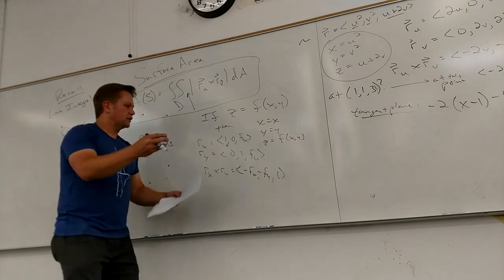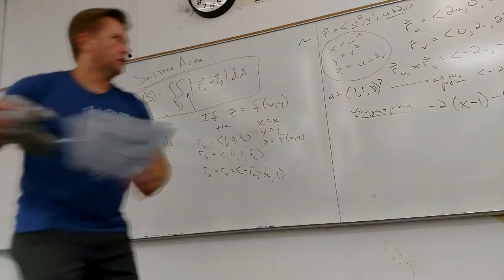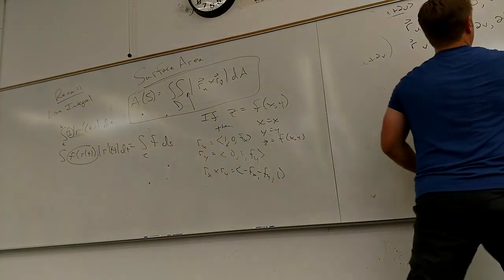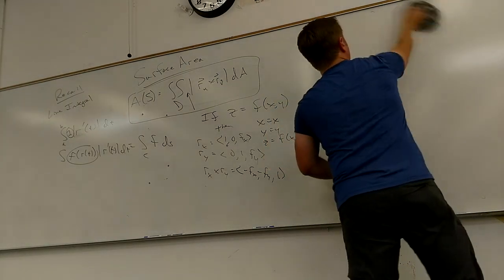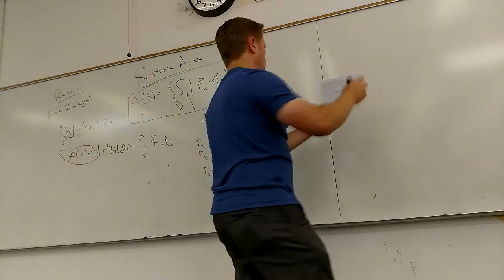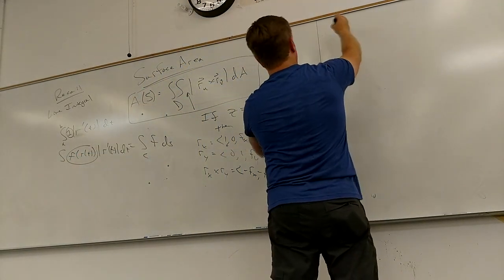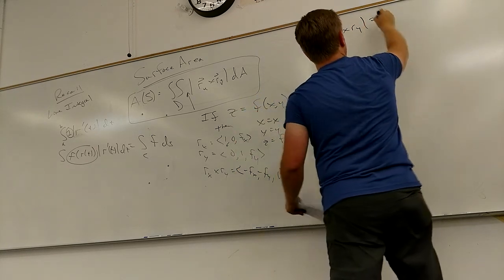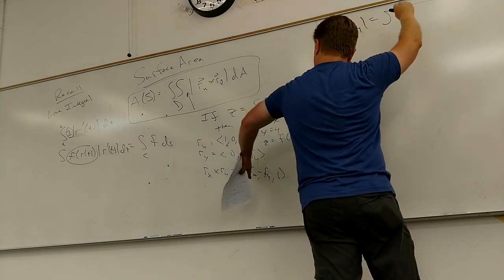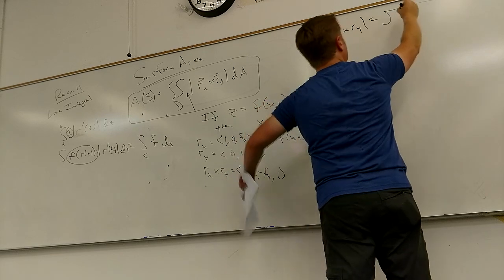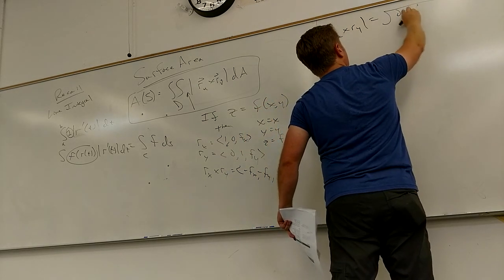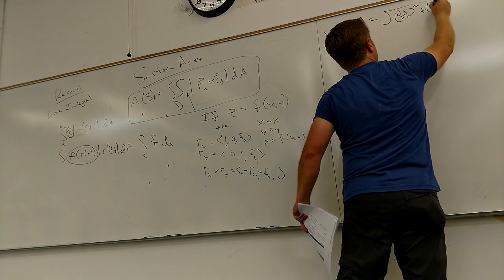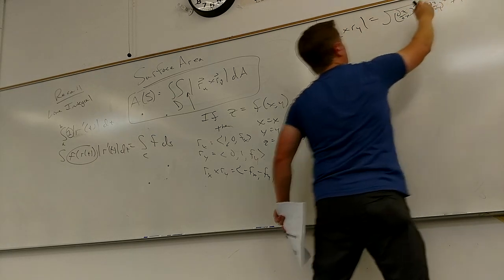So what you end up with is something that should itself look very familiar. Actually, this whole section is rife with deja vu moments. Let's see if you guys have that moment here. The length of r_x cross r_y would just be the square root of the partial of z with respect to x squared plus the partial with respect to y squared plus 1.